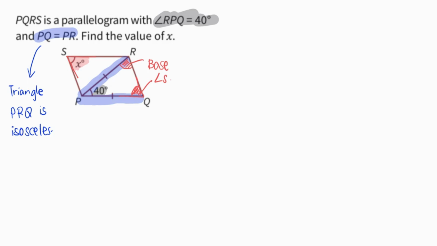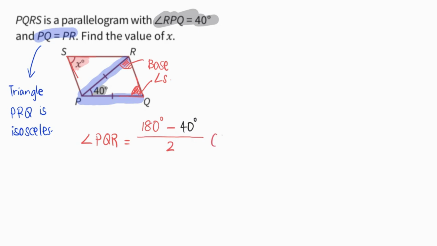Okay, so therefore angle PQR, which is equals to angle PRQ, is simply 180 degrees minus 40 degrees, and I'm going to divide by 2 because the base angles are equal to each other.